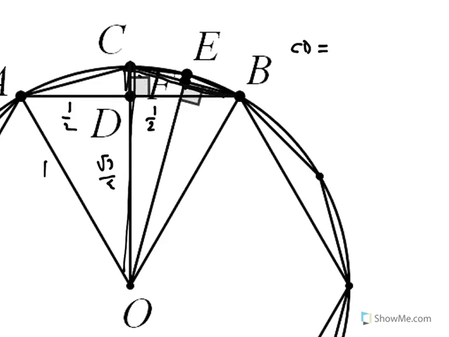CD is 1 minus square root of 3 over 2, which is about 0.13397.